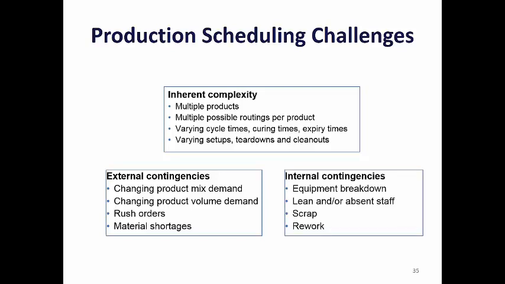And then finally, as much as we'd like to be fully in control of what's happening inside the facility, we're not. There are internal contingencies such as equipment breakdown. You can have a lean staffing level in which one or two absences suddenly means that a department or part of a department is going to go offline for a day or a shift.